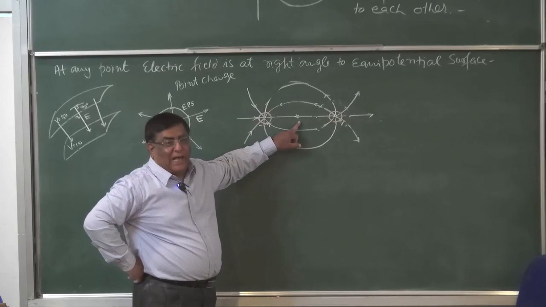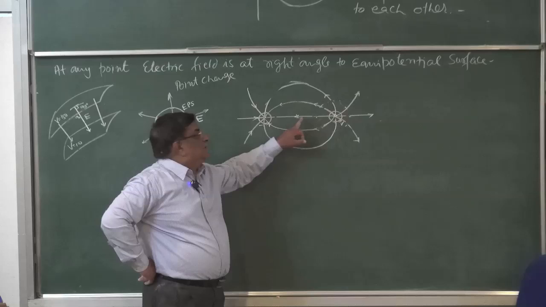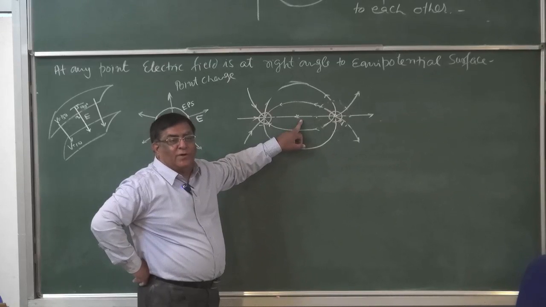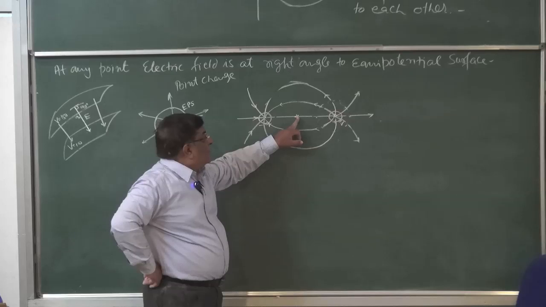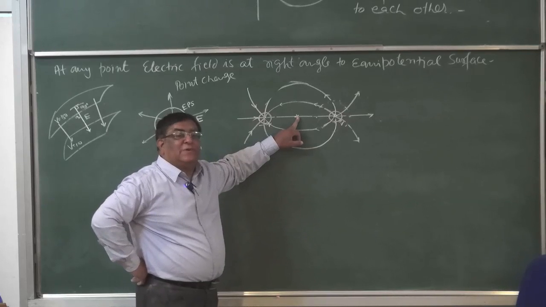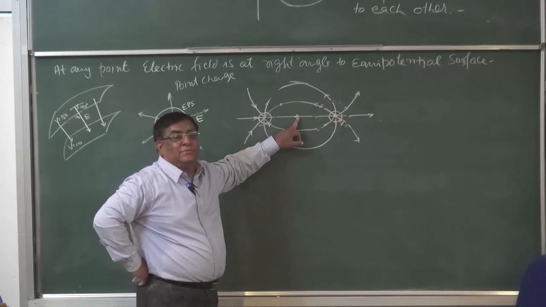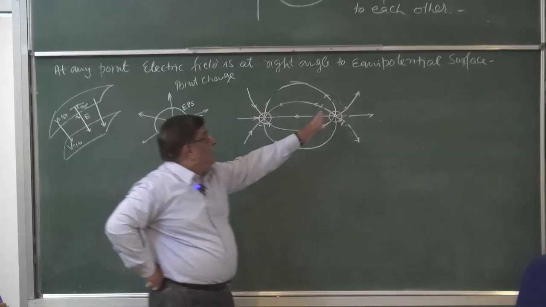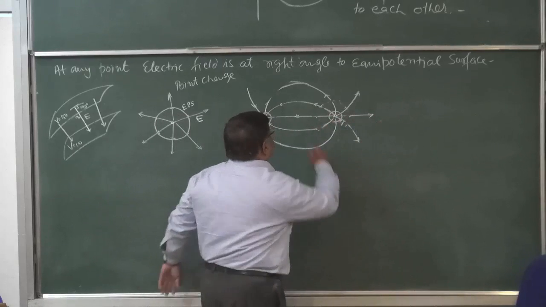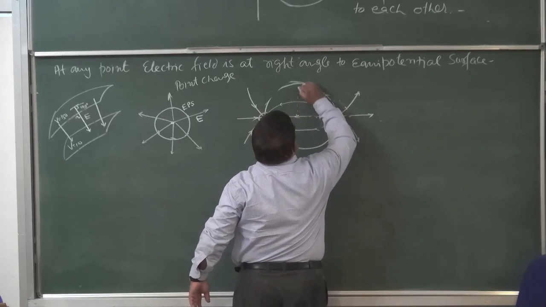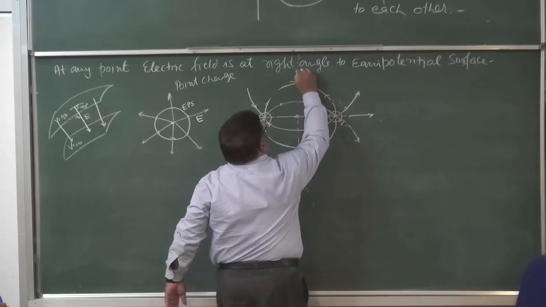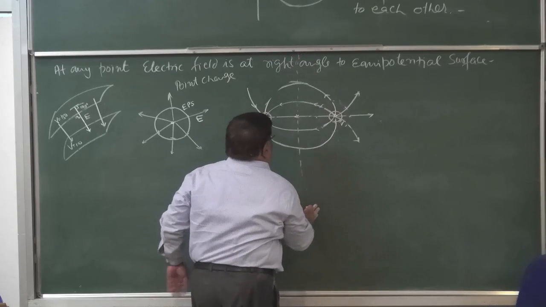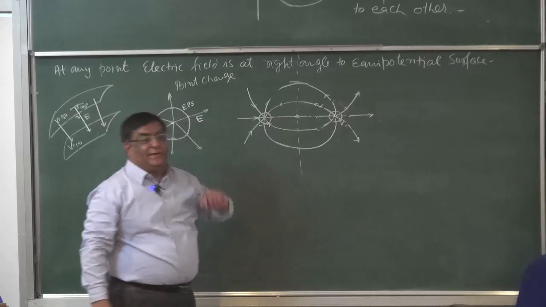Minus Q upon L. Because of this how much will it be? Plus Q upon L. Add the two, it will become 0. Here potential is 0. At which other point is it 0? At infinity. So this equipotential surface will go like this. It will not bend anywhere. Where is it going? Infinity.